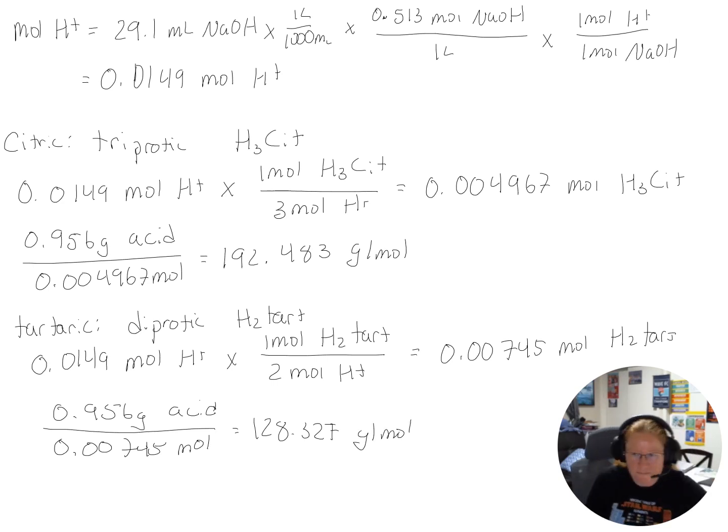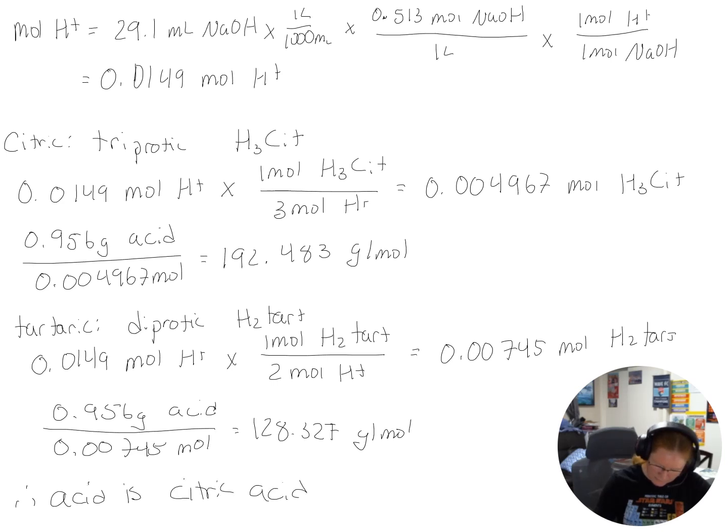Now I told you on the previous slide that tartaric acid has a molar mass of 150.1. Is 128 anywhere near that? No, it's not. So our acid is citric acid. So we were able to figure out the identity of our unknown acid.